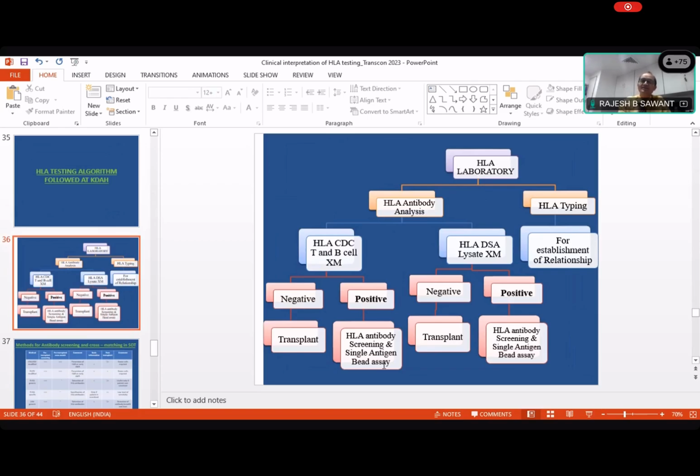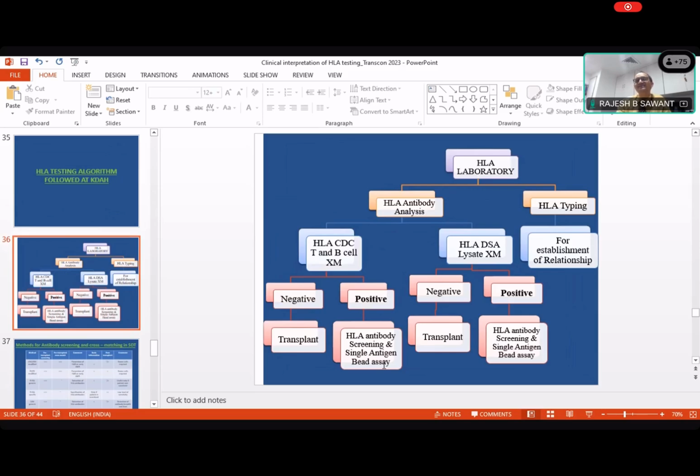So suppose you identify an antibody which is specific to one particular HLA allele. Okay, so suppose it is against, say, HLA-B52 and your donor does not have HLA-B52, he is negative. So there is antibody present, true, in the patient, but it is not donor specific.